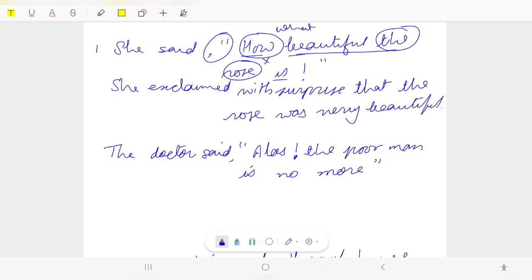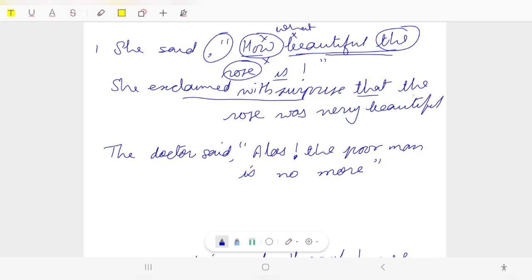beautiful. Like this we change exclamatory sentences which have what or how. Once again, see. She said, "How beautiful the rose is." So she exclaimed with surprise or with joy. You can write with joy also. Comma, inverted comma removed, and at that place the connector that has come. The words what and how will be removed. Then see, where is the subject? The subject is rose.